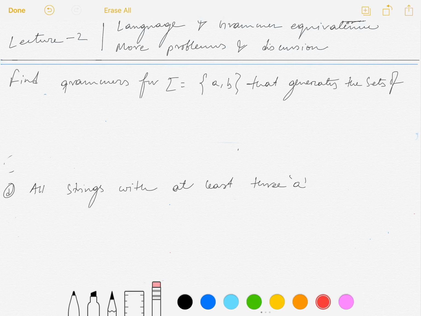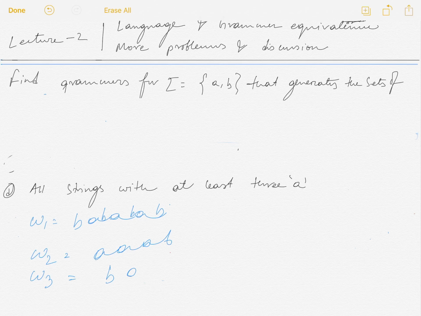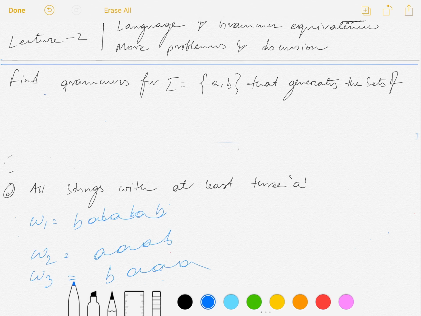That means the minimum string omega 1 will be 3 a, and in between this 3 a there may be any number of b or there may not be any b. Omega 2 may be like this also, or omega 3 may be b a. So, there may be any combinations, but at least 3 a must be there. So, how to ensure that at least 3 a will be there? Let us replace this S with A a A a A a A, and in between this a, if I require any number of b, in that case this A will be replaced by a A b or lambda. So, this is ensuring that at least 3 a will come.